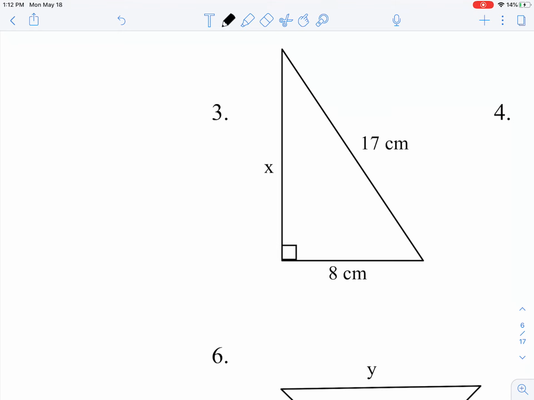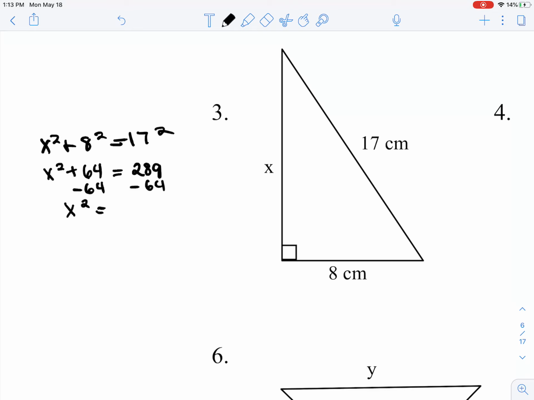So it doesn't really matter if you let x be a or b. I am going to let it be a. So x squared plus 8 squared equals 17 squared. 8 squared is 64, x squared is x squared. And 17 squared, what's that? Oh, it's 289. We knew we were going to have to subtract somewhere, and this is where it's at. In order to solve for x squared, we have to subtract 64 from both sides.